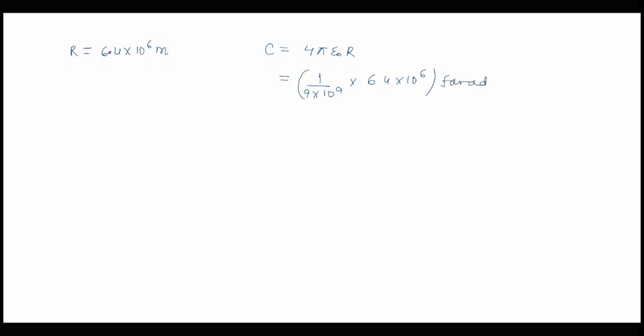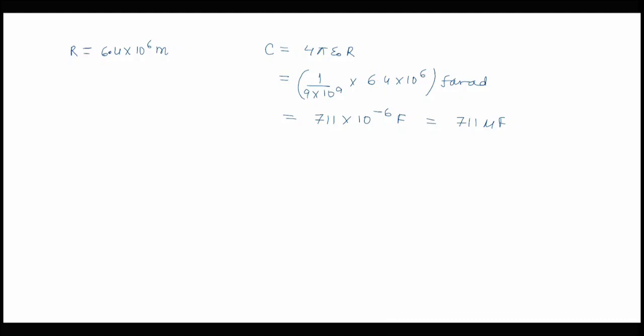On calculating this, we obtain 711 into 10 to the power of minus 6 farad. So considering even the entire earth, we fail to produce a value of 1 farad. We have placed the entire planet in the place of the capacitor, and it is insufficient to produce a capacitance equivalent to 1 farad, and hence 1 farad is a very large unit.